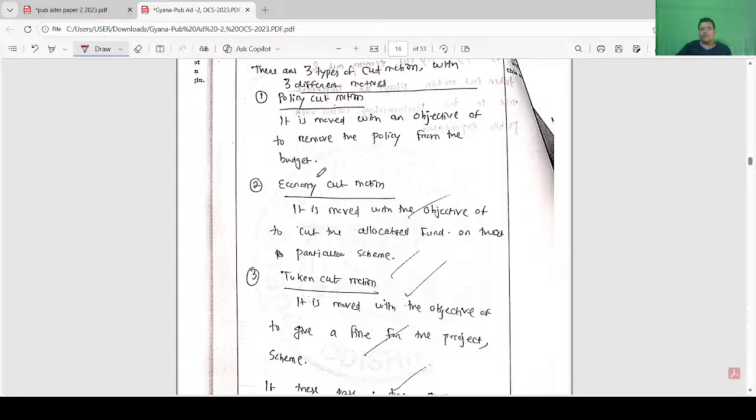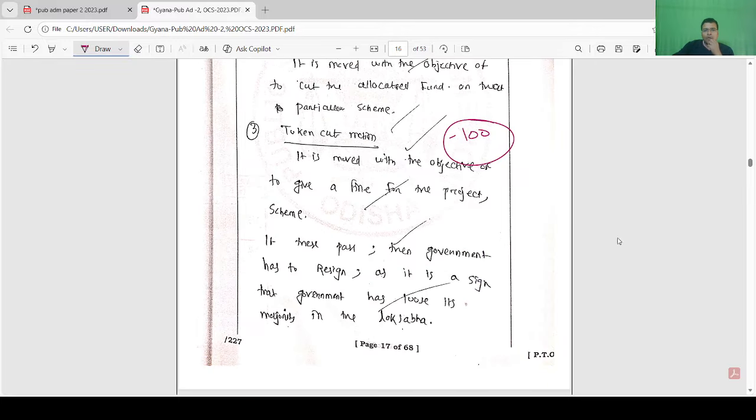Actually a policy cut means Parliament gives rupees 1, rejecting the policy outright. Economic cut: to remove a certain amount, as Parliament feels the amount demanded for this particular project is not economical, so it reduces a certain amount. Token cut reduces 100 rupees. If this passes, the government has to resign.